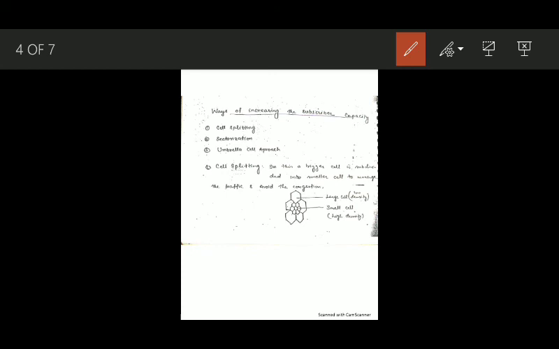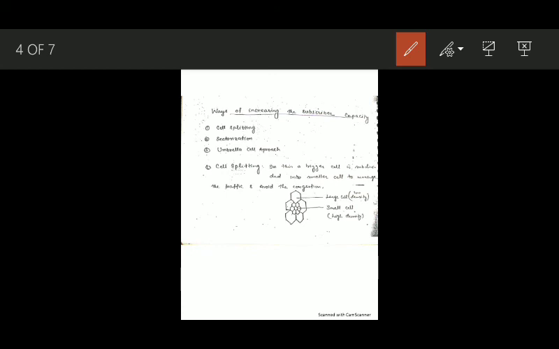Depending on the number of subscribers, we can put more channels and more cells in the system. There are three approaches: first is cell splitting, second is sectorization, third is the umbrella cell approach. Depending on the number of users in a particular area, we can use different numbers and patterns of cells.